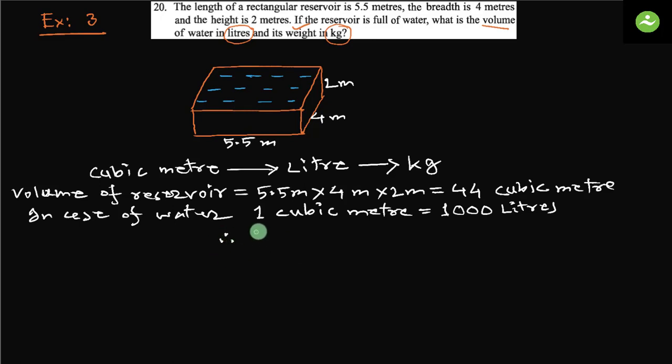Therefore 44 cubic meters equals to 44 into 1000 liters equals to 44,000 liters.